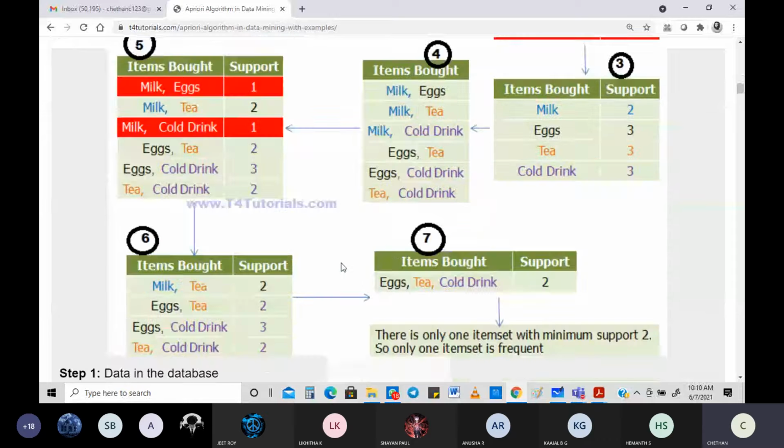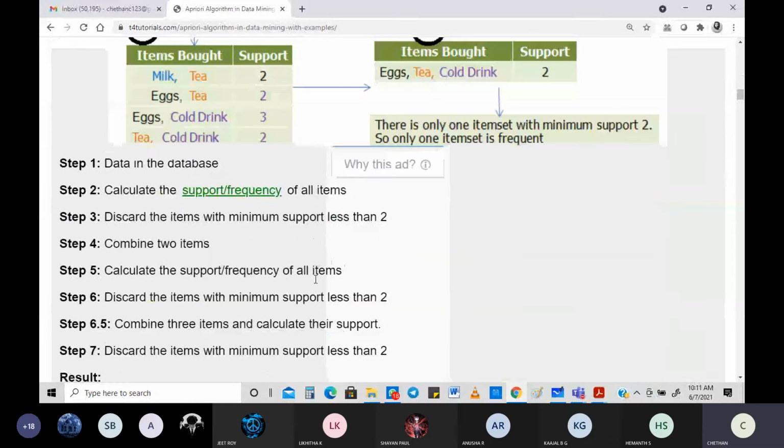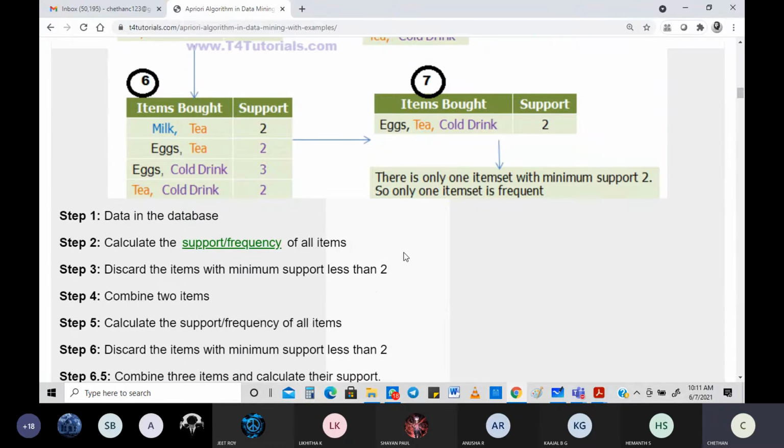Then we discard the items with a minimum support of less than 2. We combine 2 items and calculate the support frequency of all items again. Then again we discard the items with a support of less than 2, combine 3 items and calculate the support, and again discard the items with a support of less than 2. That's what we did every time here.